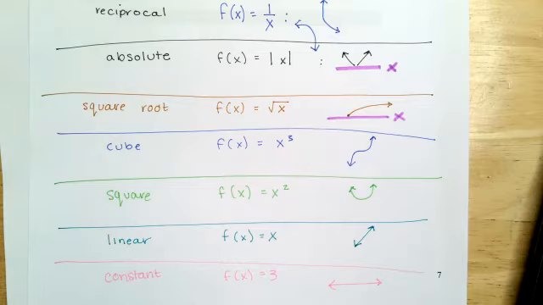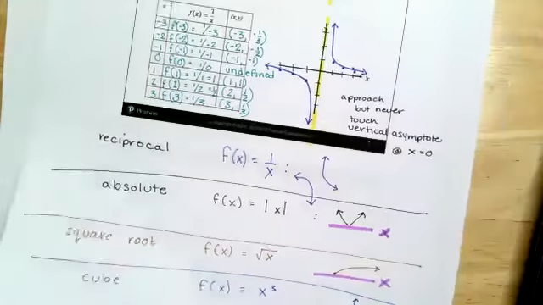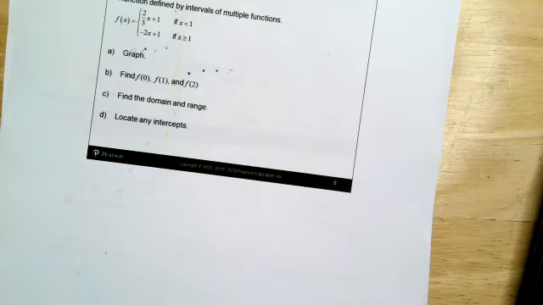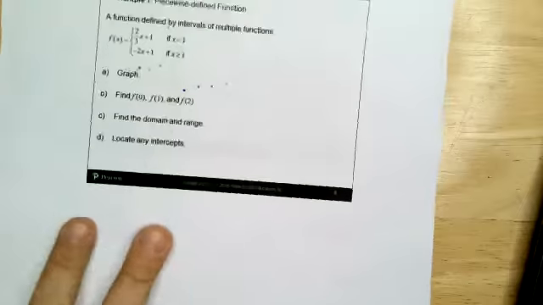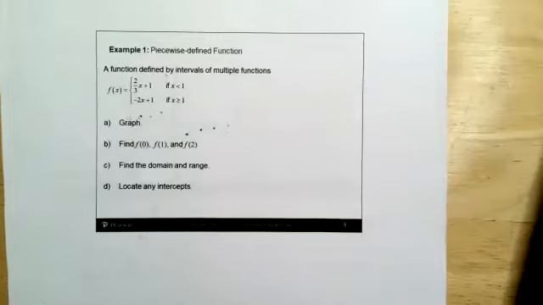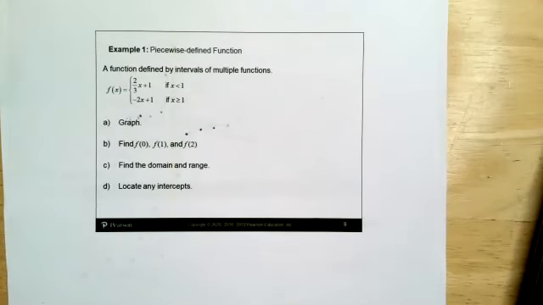So intervals on a graph, a function can be a combination of two different functions, defined by the intervals that it gives you.